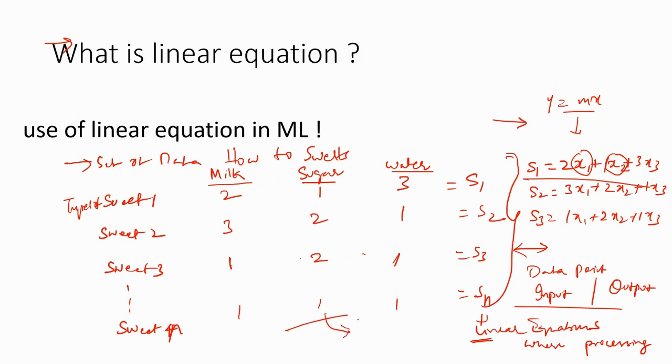So we are converting this data into convenient mathematical equations in linear form. As we will discuss in upcoming videos, this will be used for classifications and predictions, if there is a linear relationship between the input variables and the output variables.